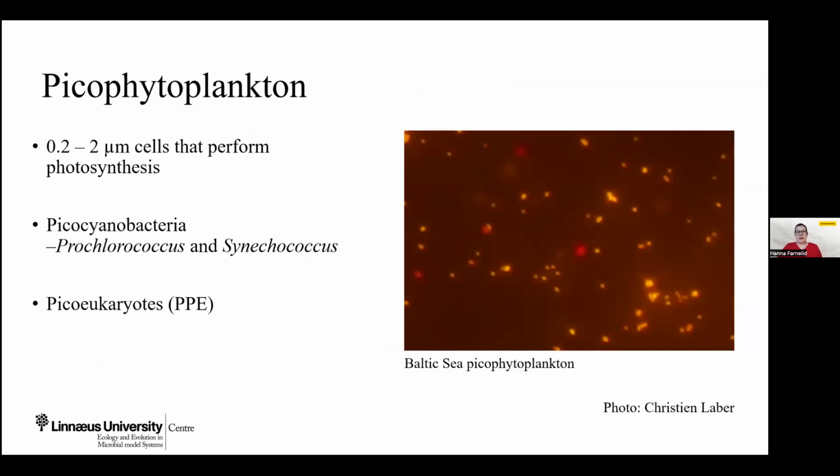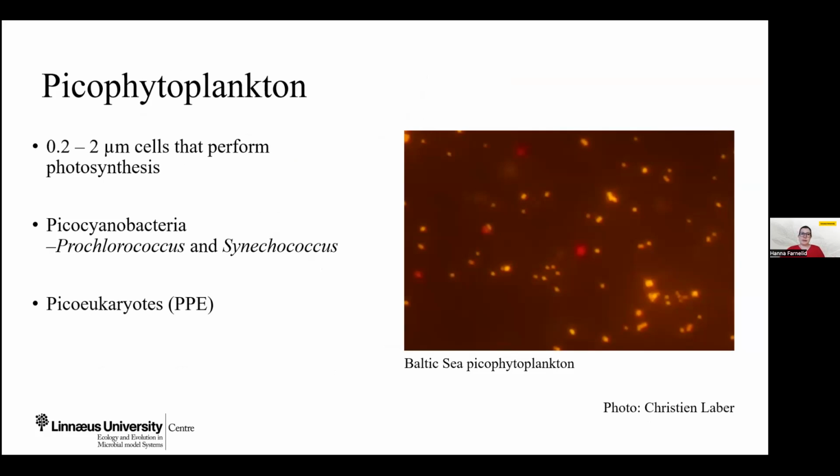So picophytoplankton, they're very, very small. Just like other size classes of phytoplankton, it's a definition that scientists have constructed. Picophytoplankton are usually defined as being less than 2 micrometers in diameter.